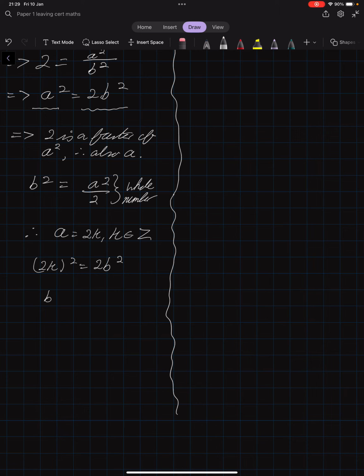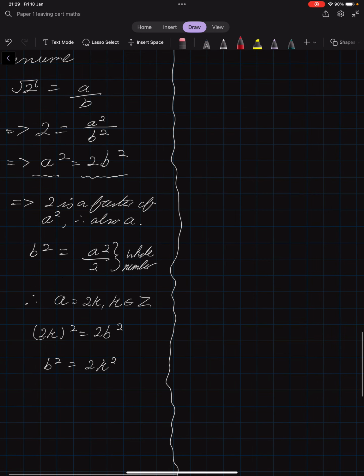This gives me b squared equals 2k squared. And now we have the exact same thing. So up here, we have this, and now we have this. So it's the exact same equation, and therefore we can conclude the exact same thing from it.